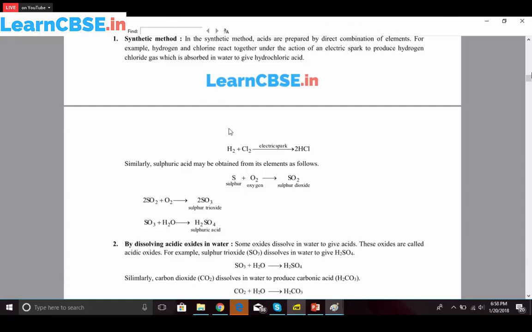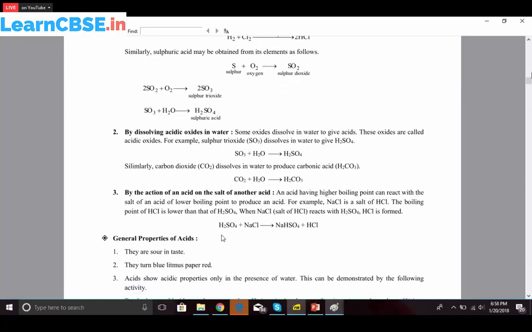Then the sulfur dioxide reacts again with O2, oxygen, and we get sulfur trioxide. Then the sulfur trioxide reacts with water, and we get sulfuric acid. Then the next method is dissolving acidic oxides in water.